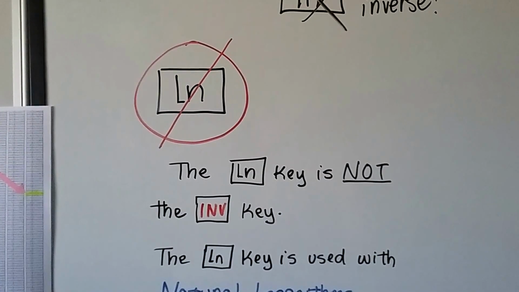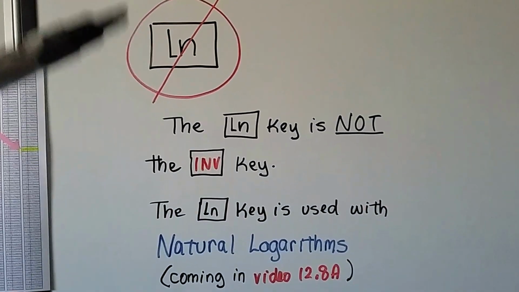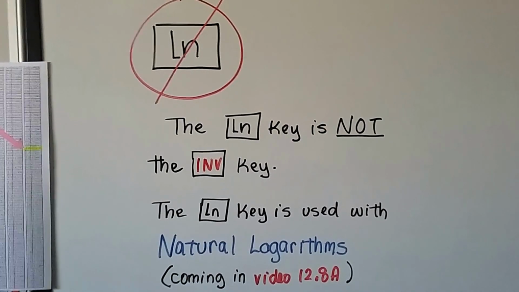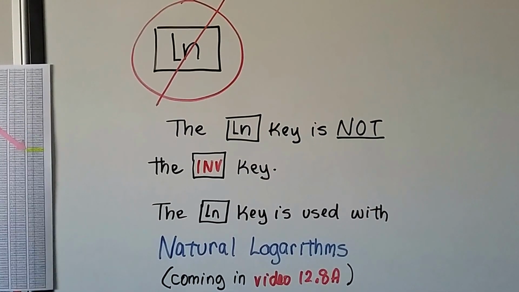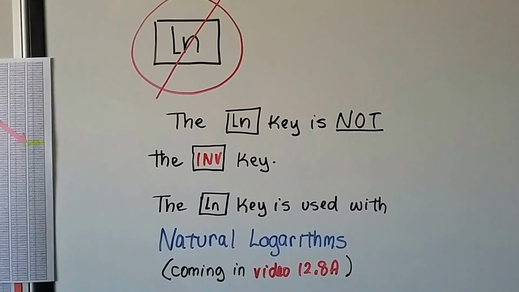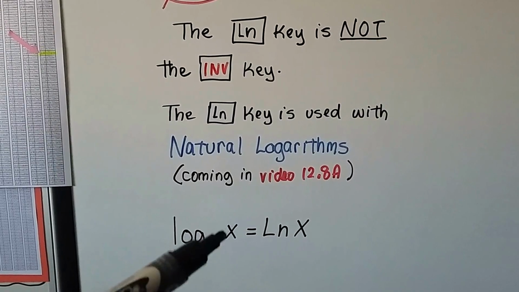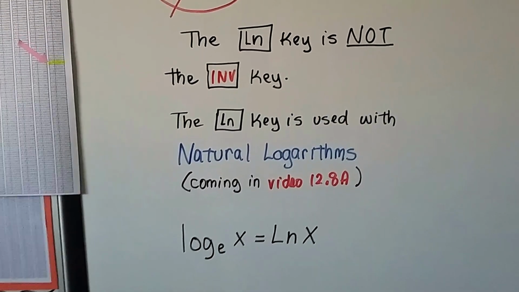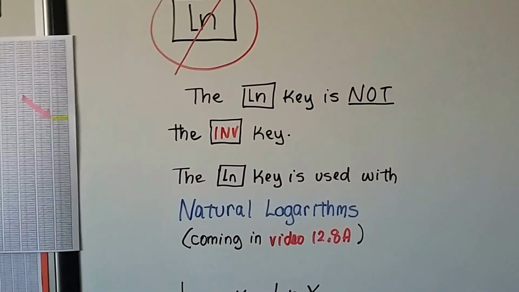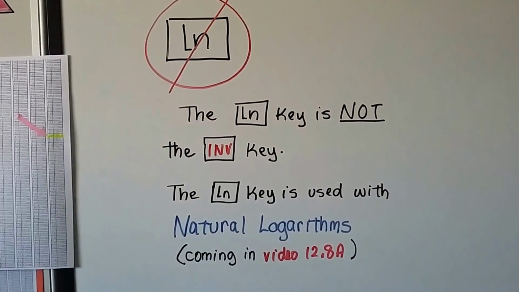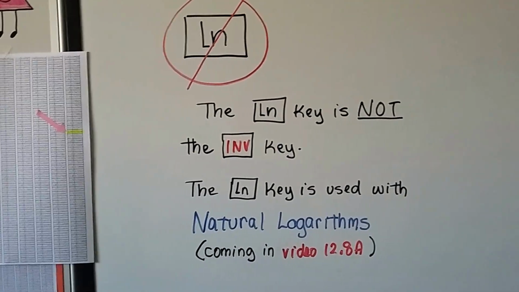We're going to be using these in some videos coming up. This LN key is used for natural logarithms. I'm going to talk about that in 12.8a in a few videos, okay? Because we're only at 12.5c right now, all right? So it would be like log base e of x would be L n of x, okay? And we'll get into that. So don't confuse this LN key for the inverse key, all right? I want to make sure you knew that.